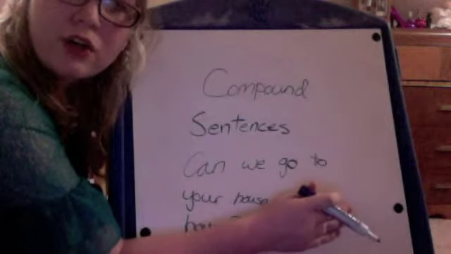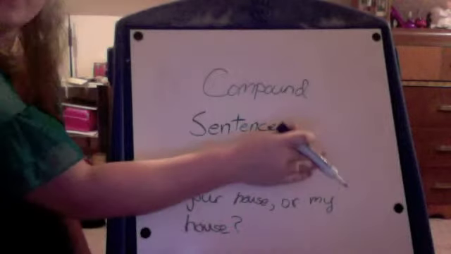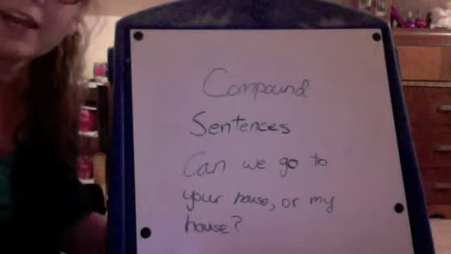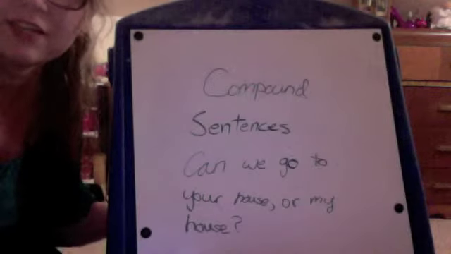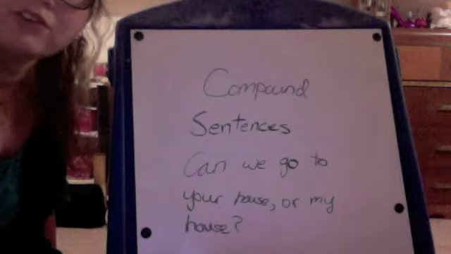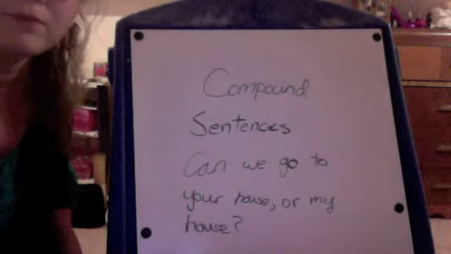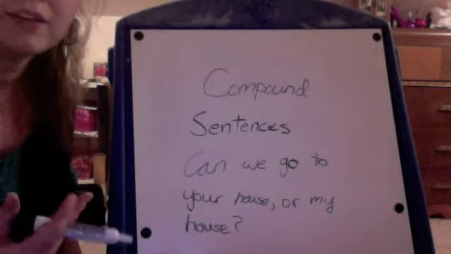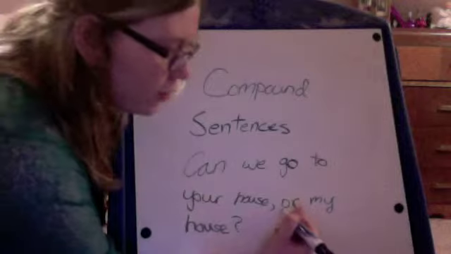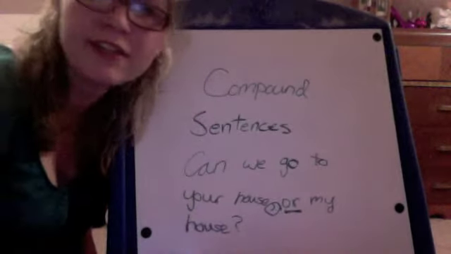It's still a regular sentence or a question. And then, or my house is just adding on from a different sentence. This is usually used so your writing doesn't sound so short and choppy, and it can also help the movement flow a lot better. And don't forget, you'll always have a comma and another word after that to connect it.